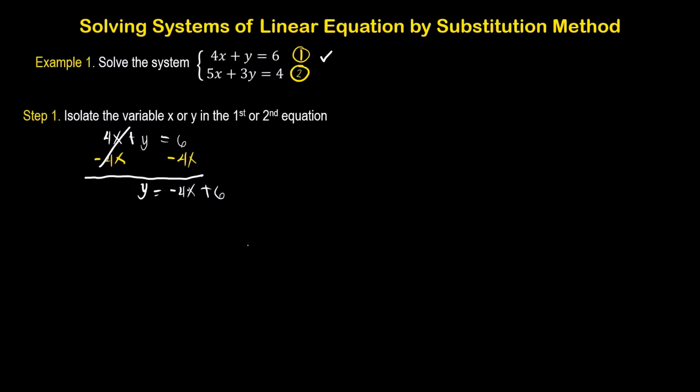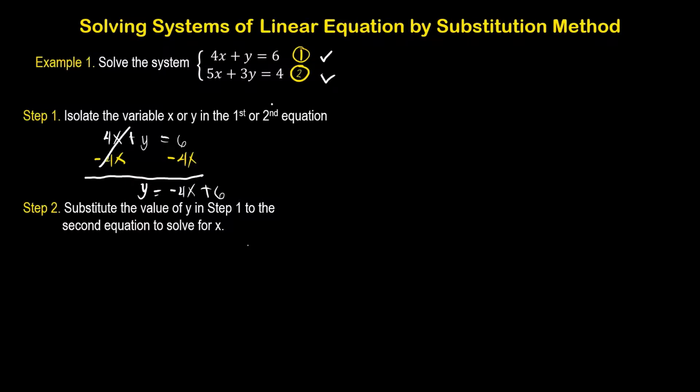So, gagamitin ko to para sa aking second step, which is to substitute the value of y in the step 1, ito, okay, gagamitin ko to the second equation, which is 5x plus 3y is equal to 4 to solve for the x.